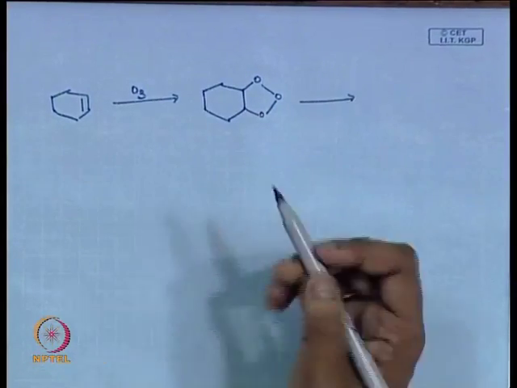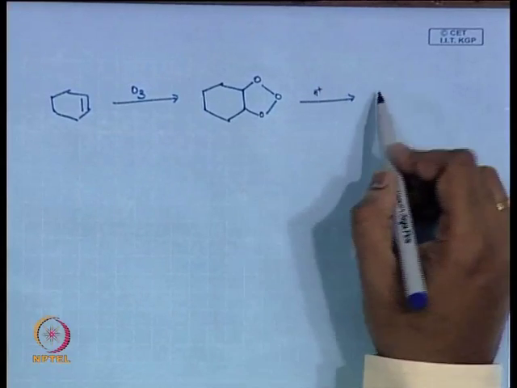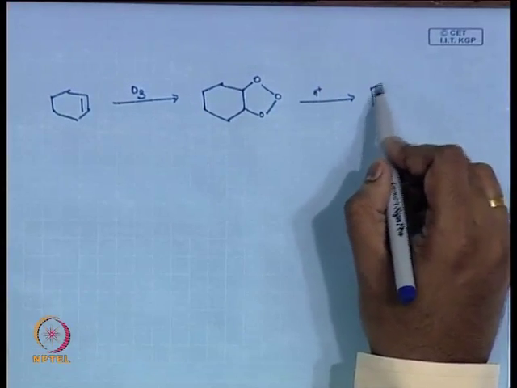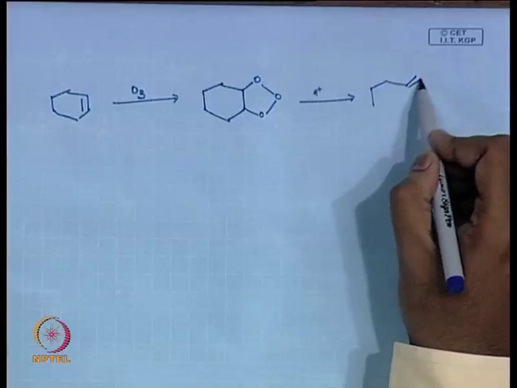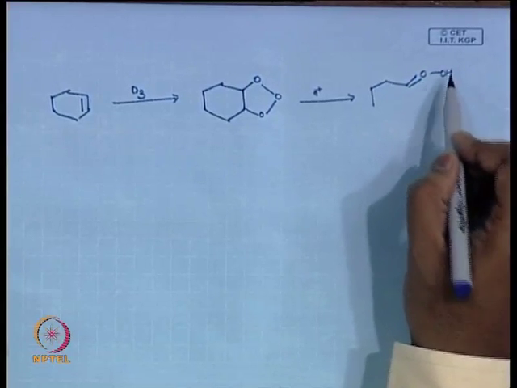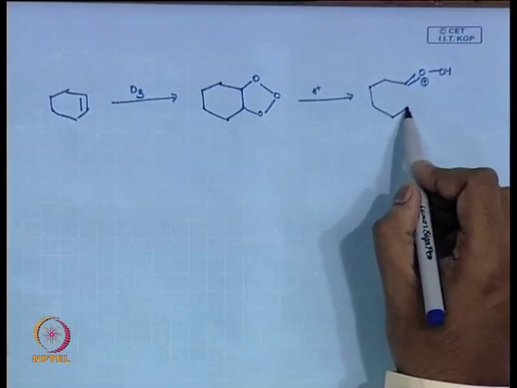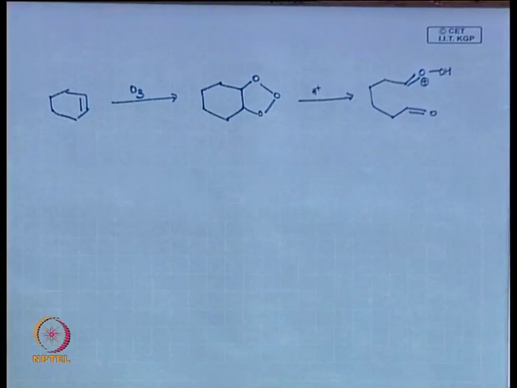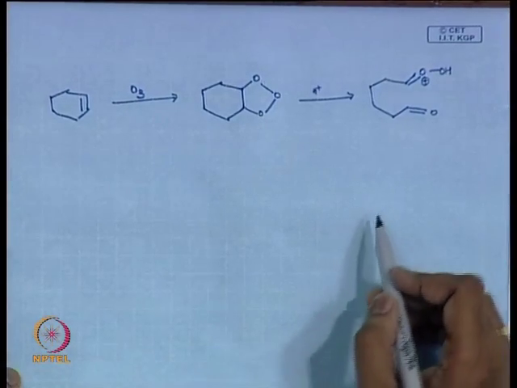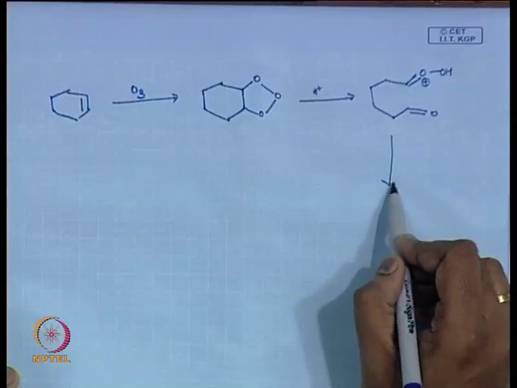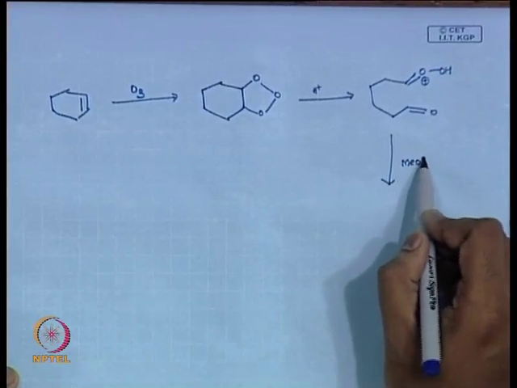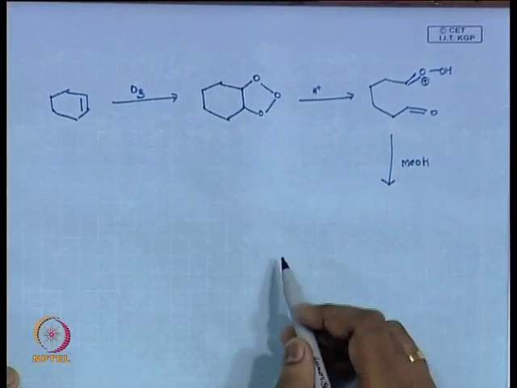Then with H plus, it can break up, O positive. You get this, and because you have methanol in the system, it can attack again.